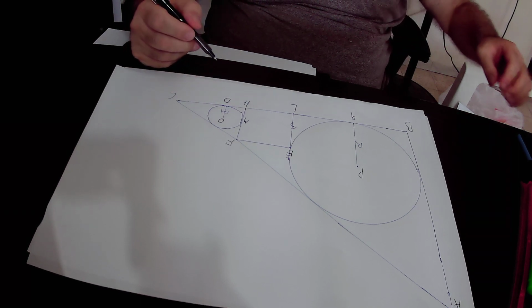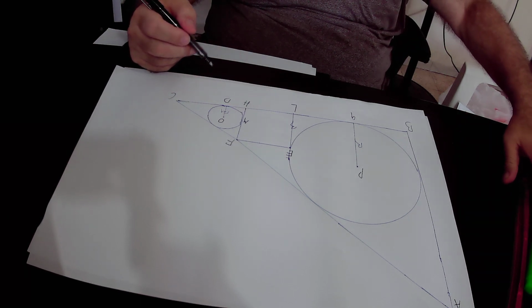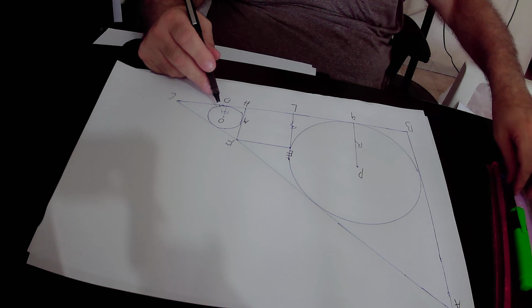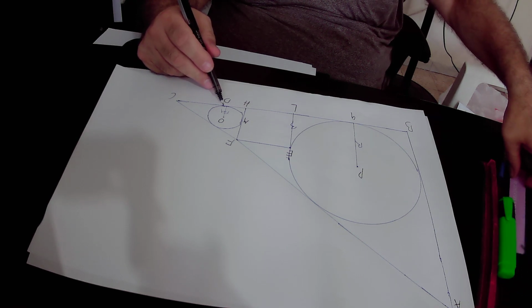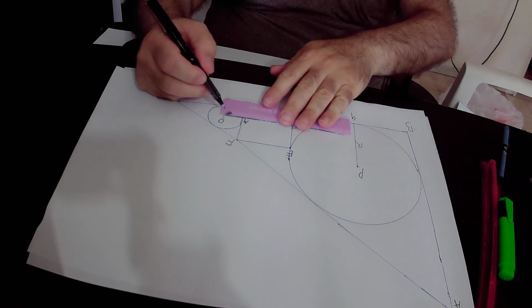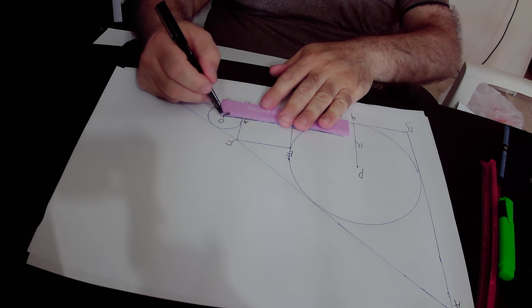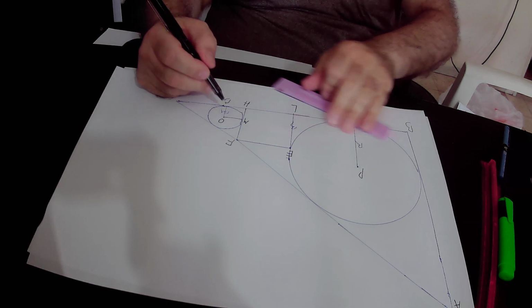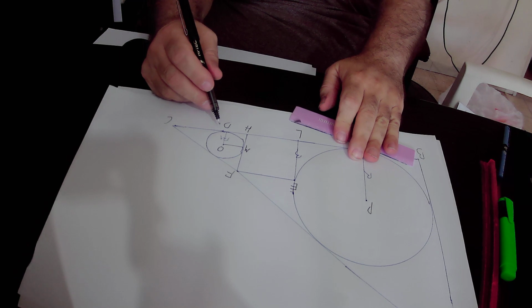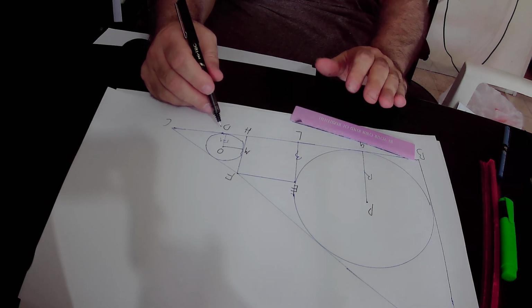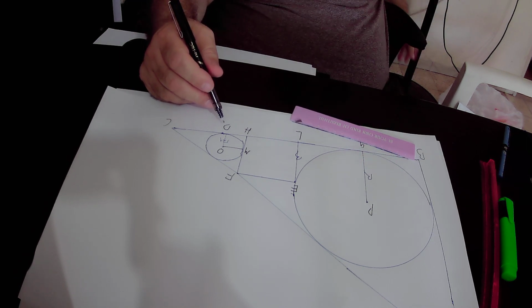We join points O and M together by a straight line. So here point O is the center of the circle. Point M is the point of the circle itself.